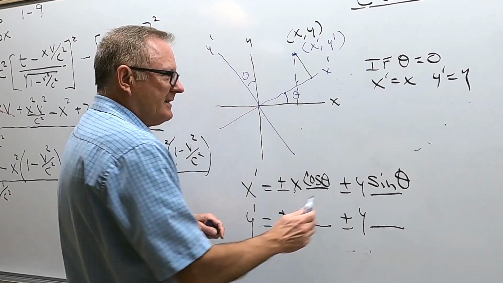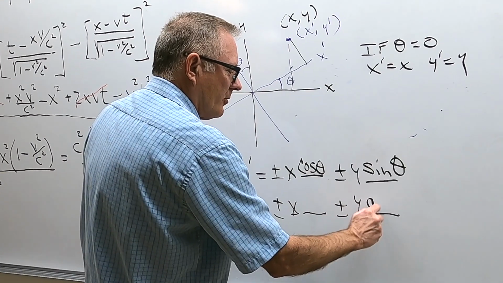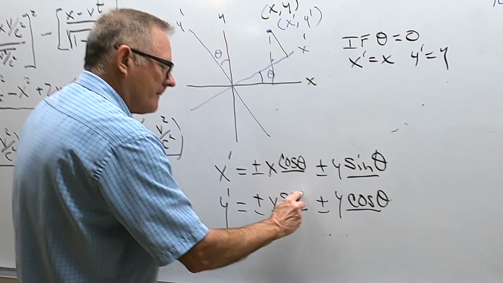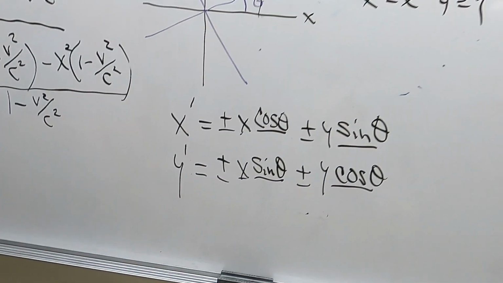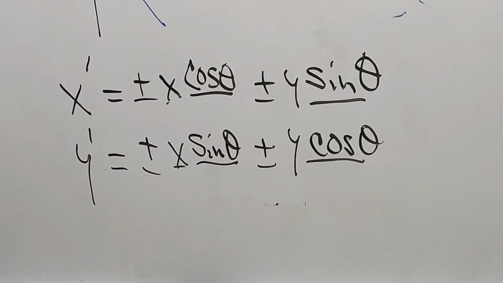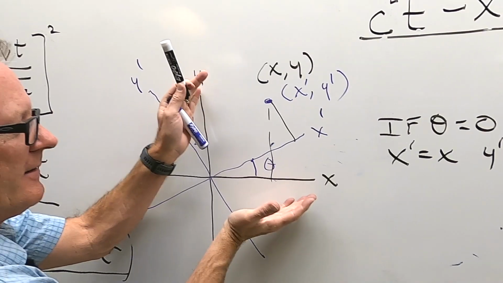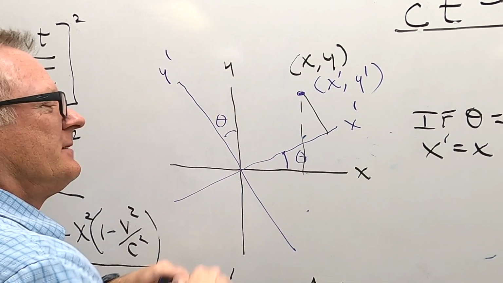Likewise, y is equal to y prime, so that better be a cosine theta over there. And this better be the sine theta. Now all we have to do is worry about the sign right here. Well, we can see that if we rotate, let's put the point right here.